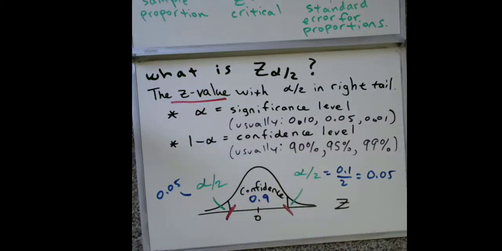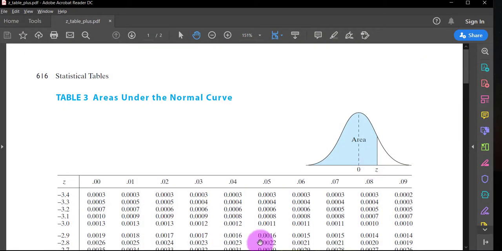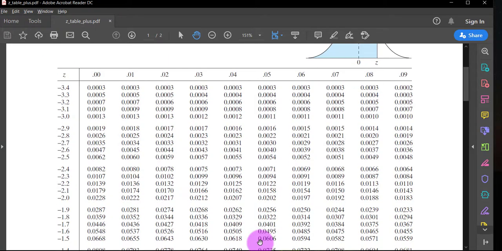If we cruise over to our Z table, we're going to try to find 0.05 in the body of the table. So that would be up in the mess, right? Because we know the probability is 0.05, and I'm looking, and I think I've gotten pretty close right there. These are actually tied with 0.05.